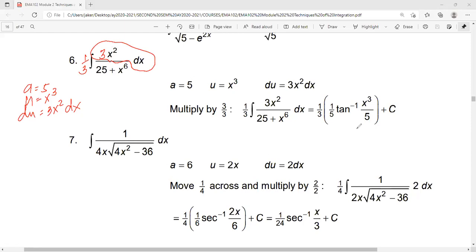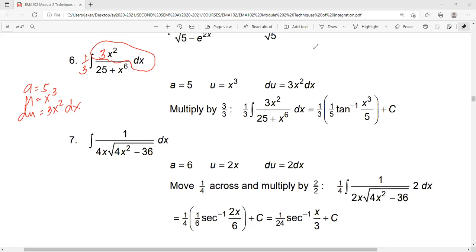So 1 over a, 1 over 5, the arctangent of u, which is x cubed over a, which is 5, plus c. Question?